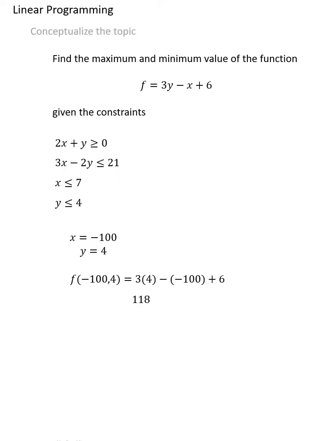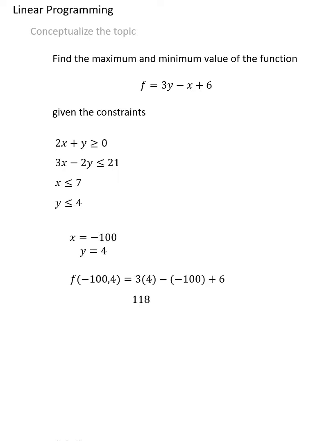So we've just discovered that for certain values of x and y, just random ones that I chose here, we've discovered that f, the function, has a value of 118. Is that the maximum? Is it possible for f to be any bigger than that? Seems like it would be.